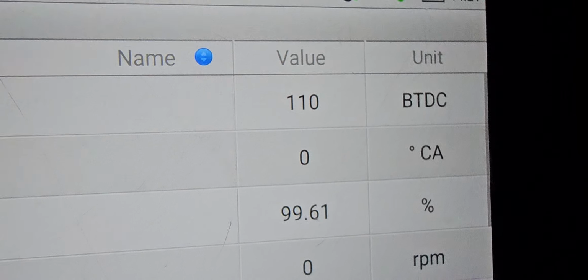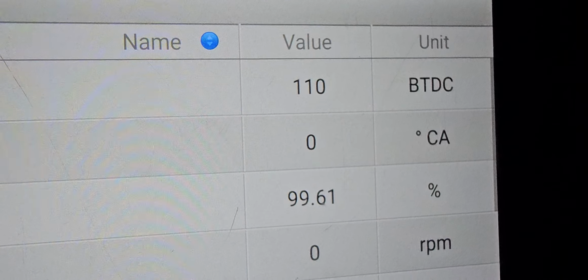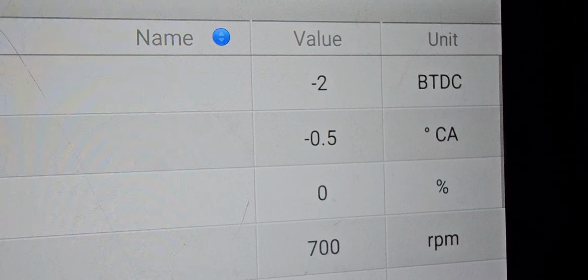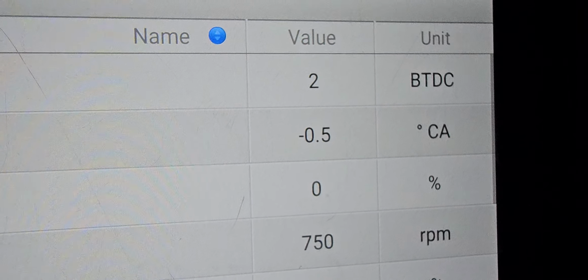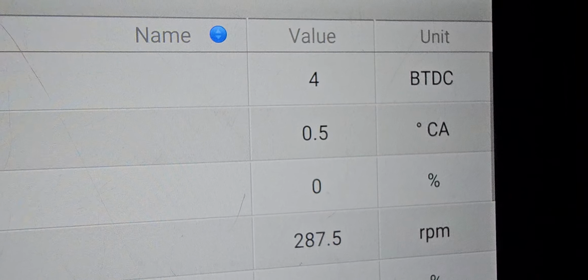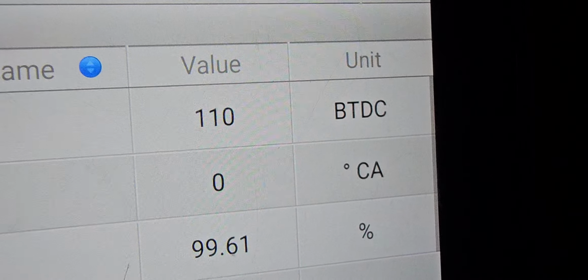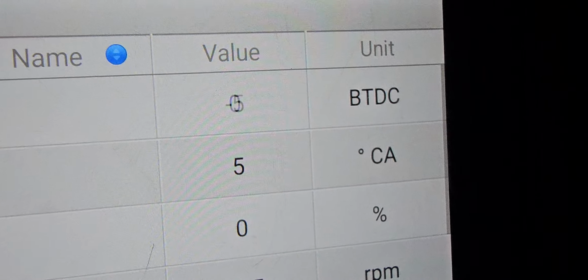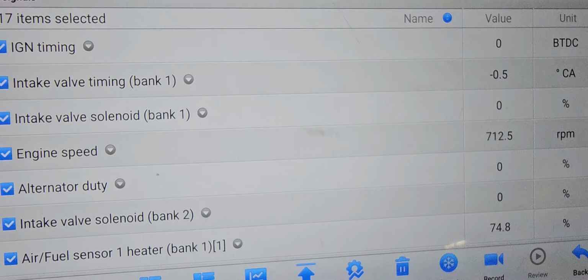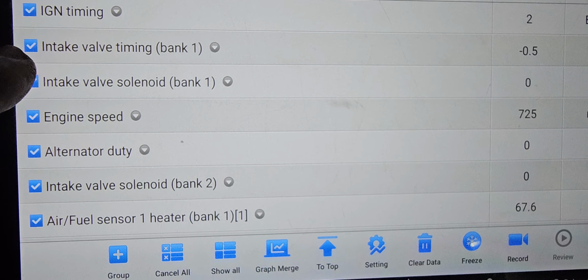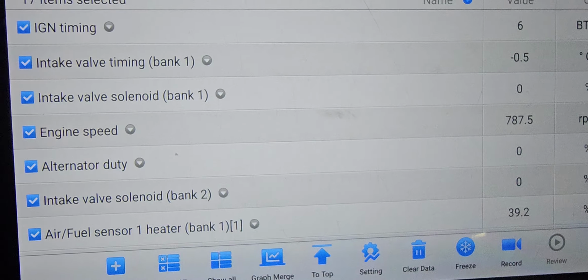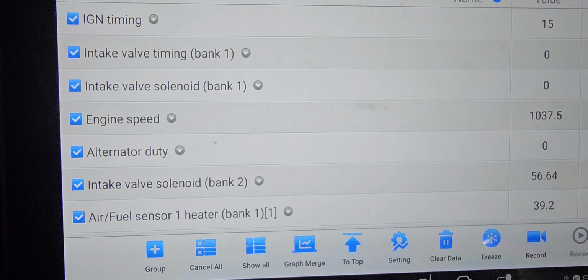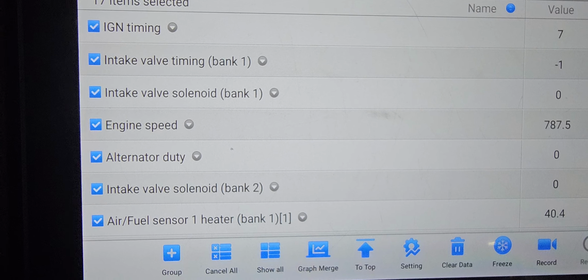Okay, let me start it. Good car. So if the timing is good, look at the number. That's one. Now I want to see the intake valve timing, intake valve timing bank 2, what they're going to read. 0 to -1, 2.